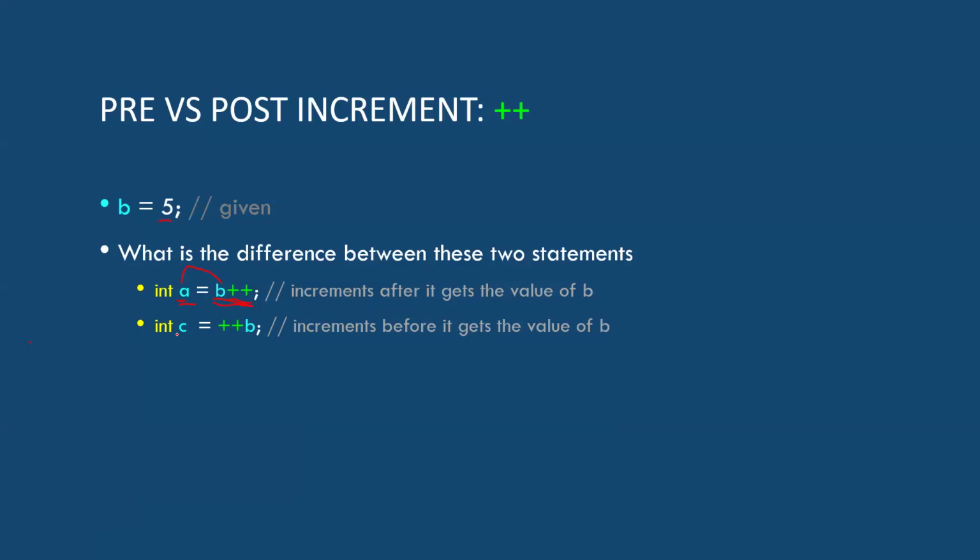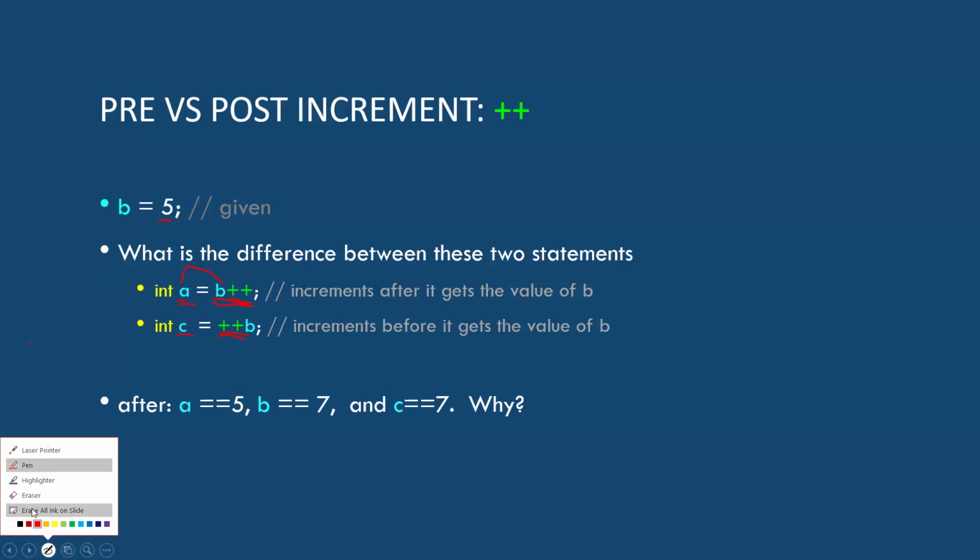So here I'm saying, hey, copy the B over, but increment it before. So that means if B was 6, now C is a 7. Okay? So C is a 7 and B is a 7. Okay? So understanding the difference between these things will be important in certain situations, okay?